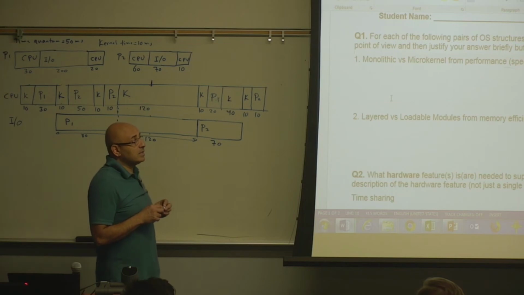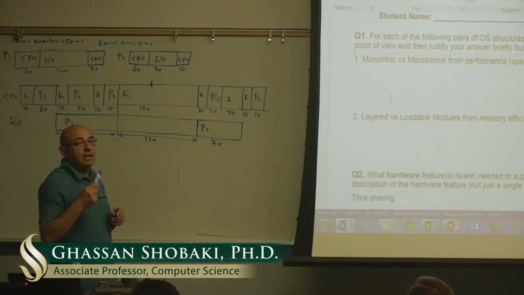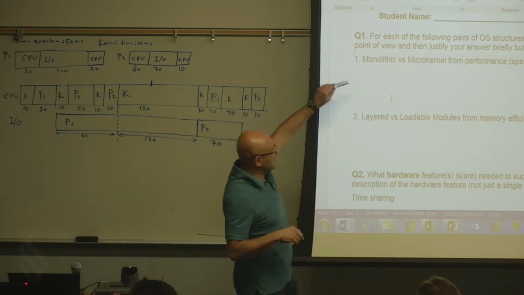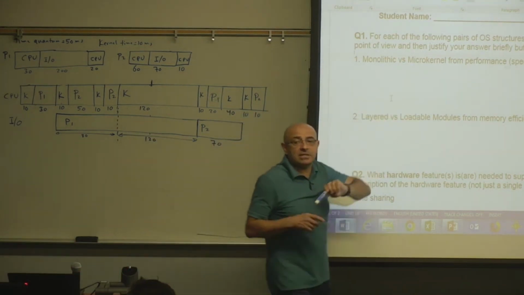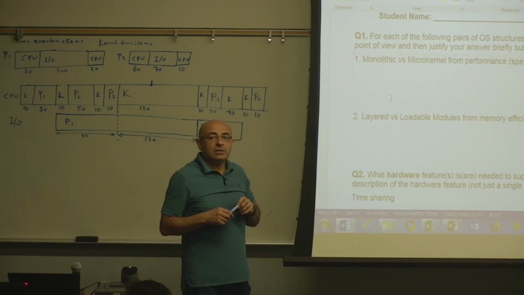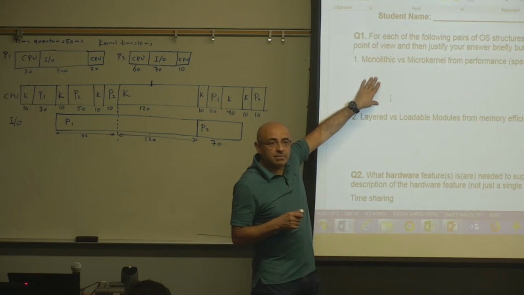No, this is not true. Monolithic does not pass messages at all. The microkernel has to pass messages back and forth between the pieces. So in monolithic, there is no message passing. In microkernel, there is message passing, and that's why microkernel is slower and monolithic is faster.